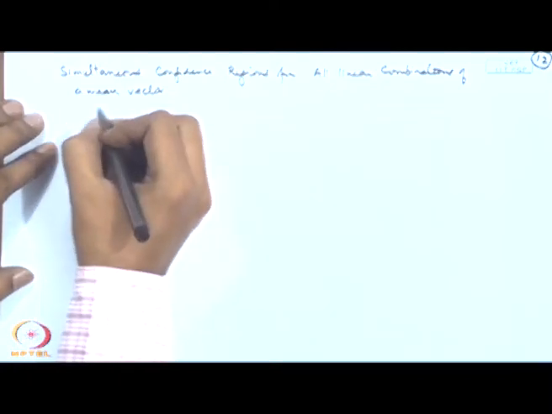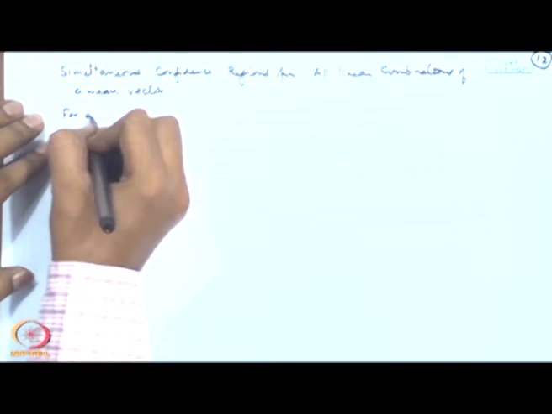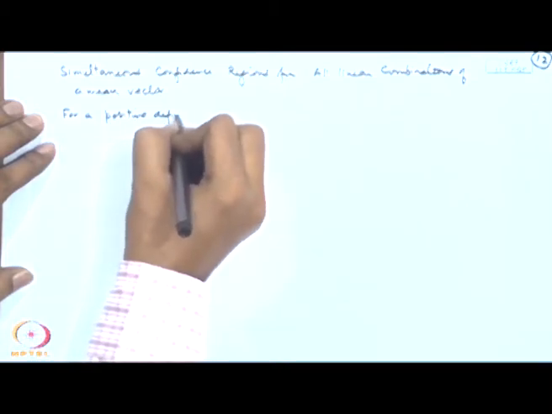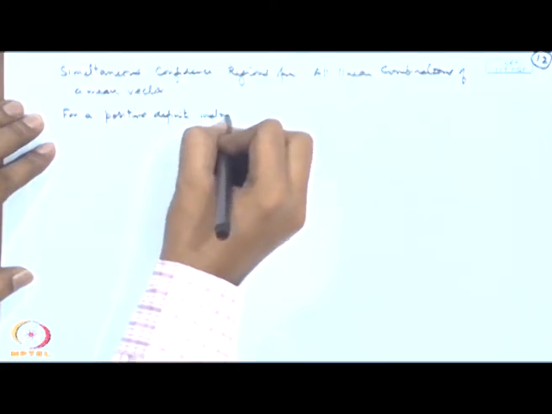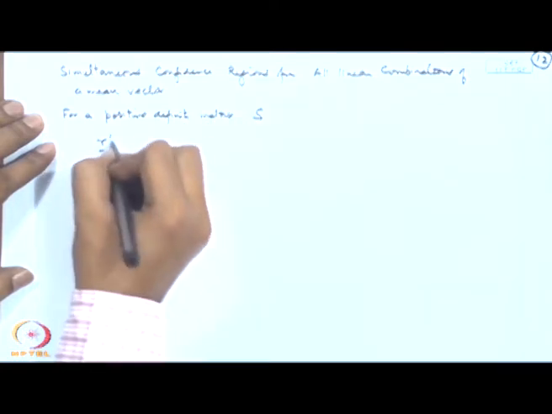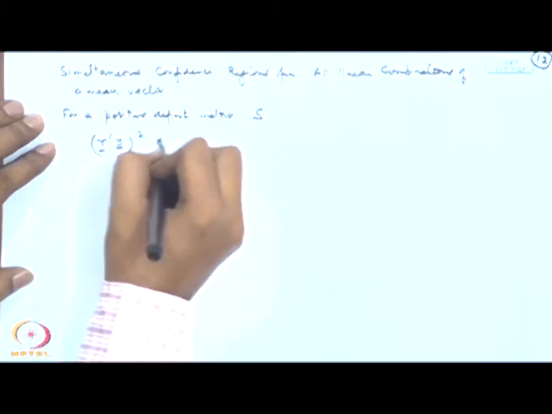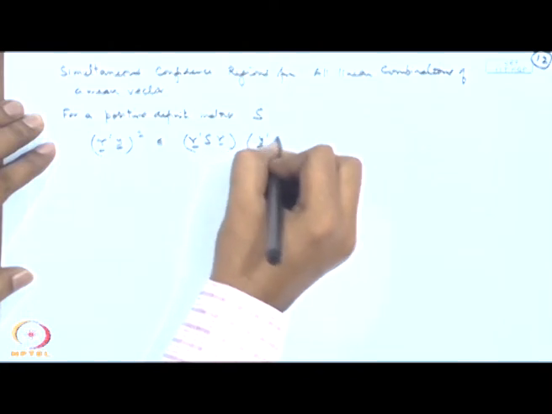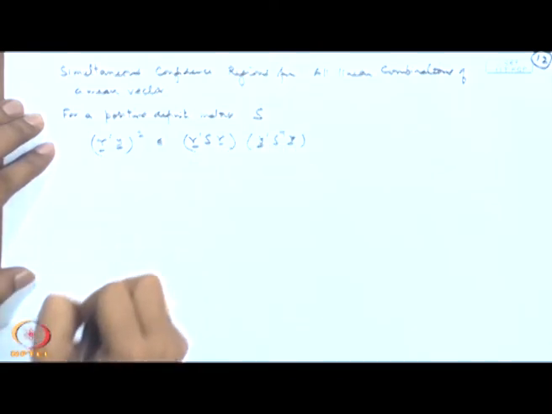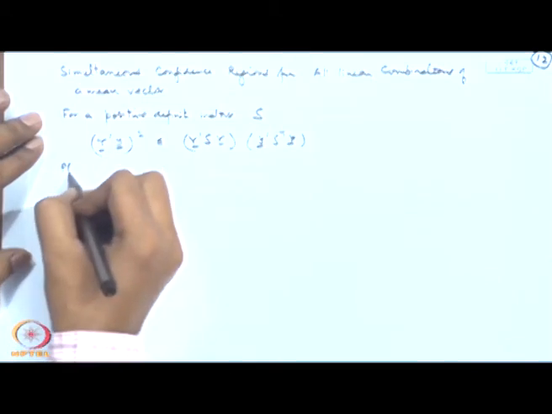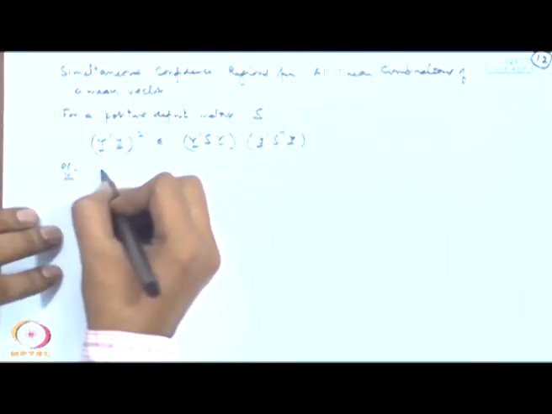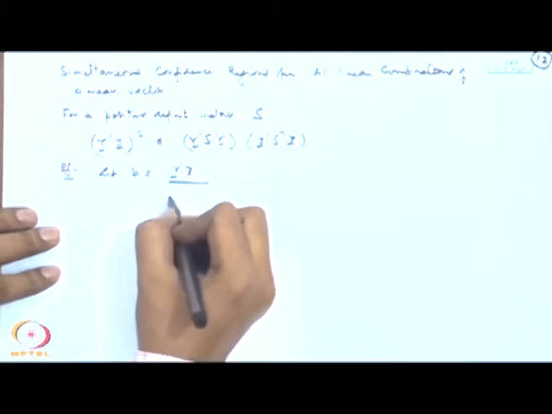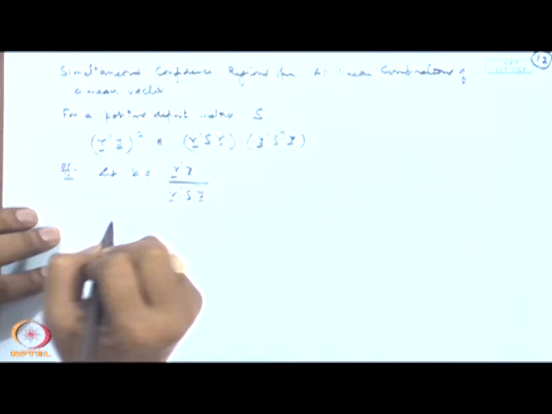For all linear combinations of a mean vector, we first have the following result, that for a positive definite matrix S, (gamma prime y) square is less than or equal to (gamma prime S gamma)(y prime S inverse y). Let us look at the proof here. Let us consider, say, b to be gamma prime y divided by gamma prime S gamma.